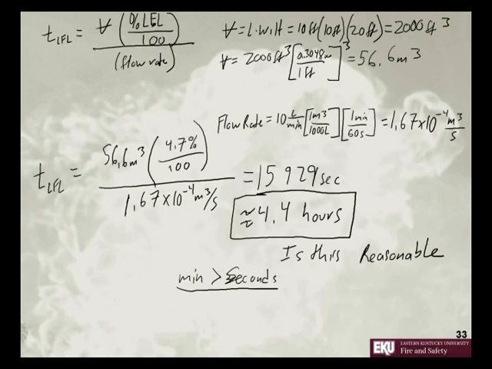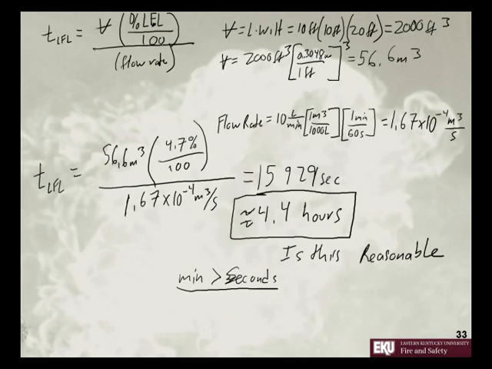And we can estimate that we wouldn't expect it to take days. If we wanted to estimate how long it would take to fill up the room, we could say we have 10 liters per minute.